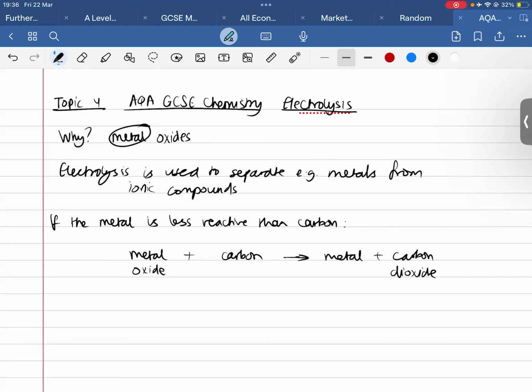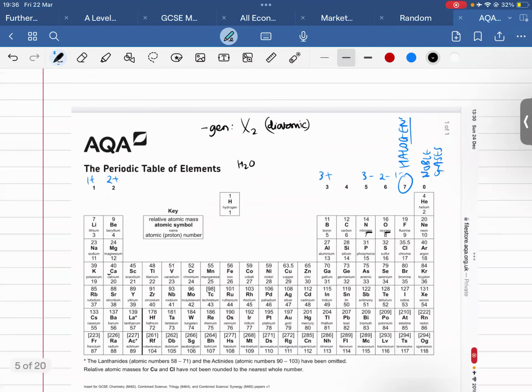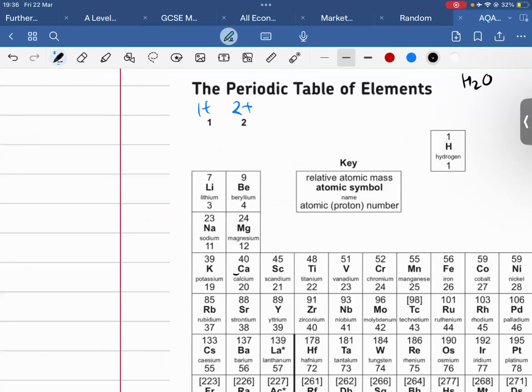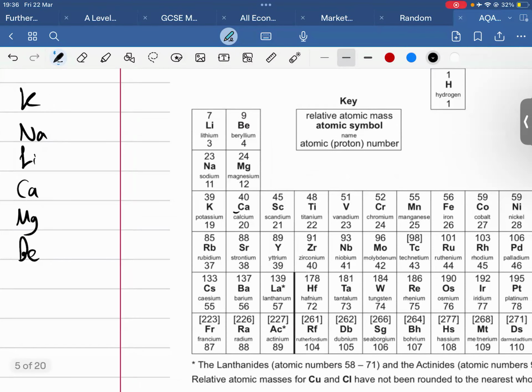So what is the reactivity series? I'll send you this so you don't have to write it down. But it goes like this. It's potassium, sodium, lithium, calcium, magnesium, beryllium, and then it's carbon.